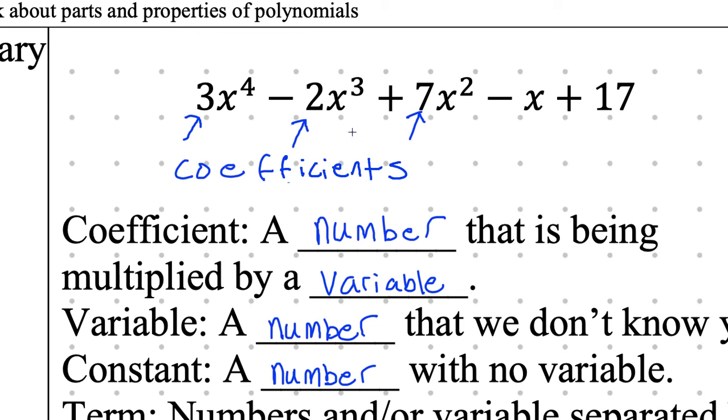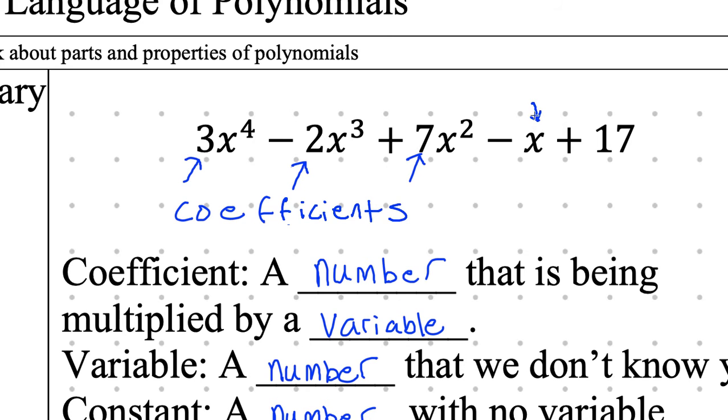And then our variables. We know that x is a variable, so that's a variable. I'll just write var. X, all of those are variables very clearly. I think we learned that at least in 8th grade, if not 7th grade. And then the only constant that we have, there's only one of them, and it's 17. 17 is the constant.